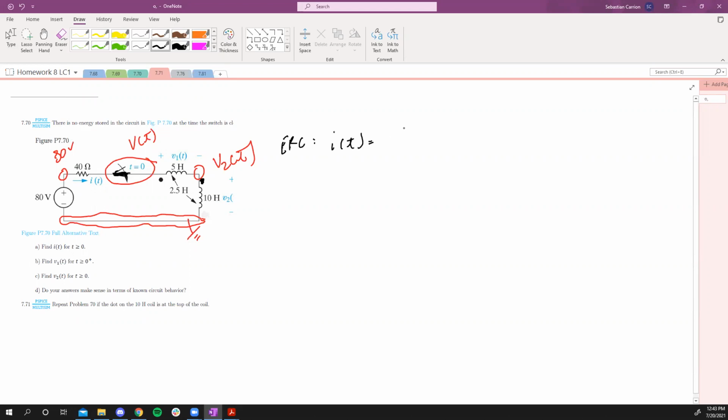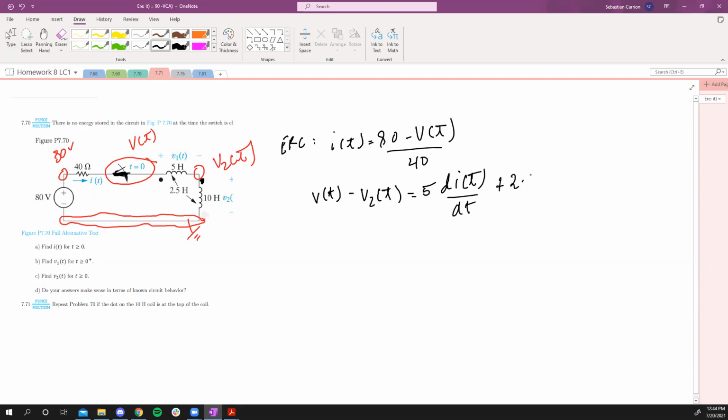IT is going to be equal to 80 minus VT over 40. Then we know that VT minus V2T is going to be equal to 5 dIT over dt plus 2.5 dIT over dt.